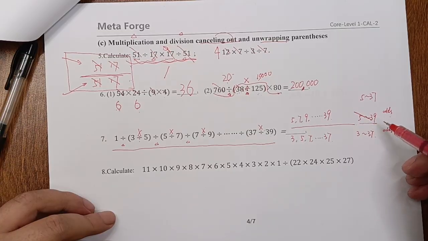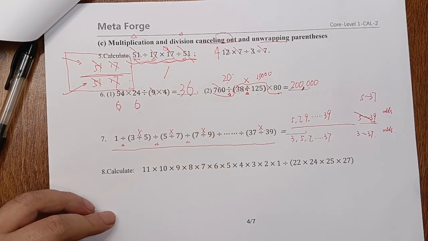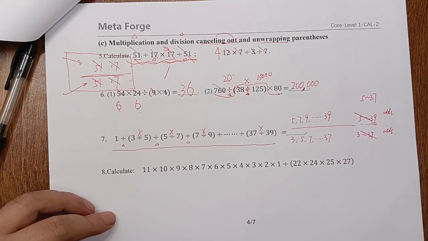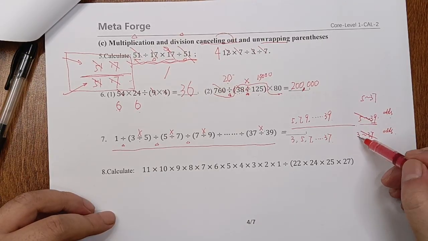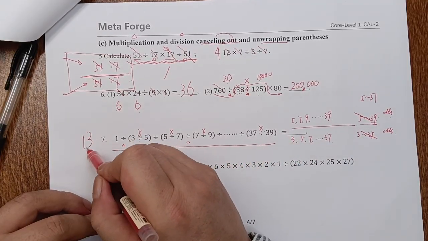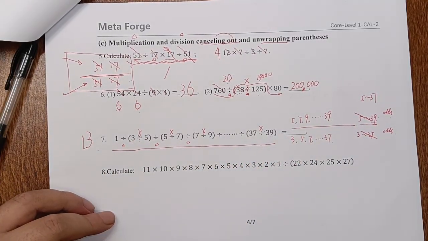Only 39 remained here, and only 3 remained here. Then cancel out these two numbers. Okay.